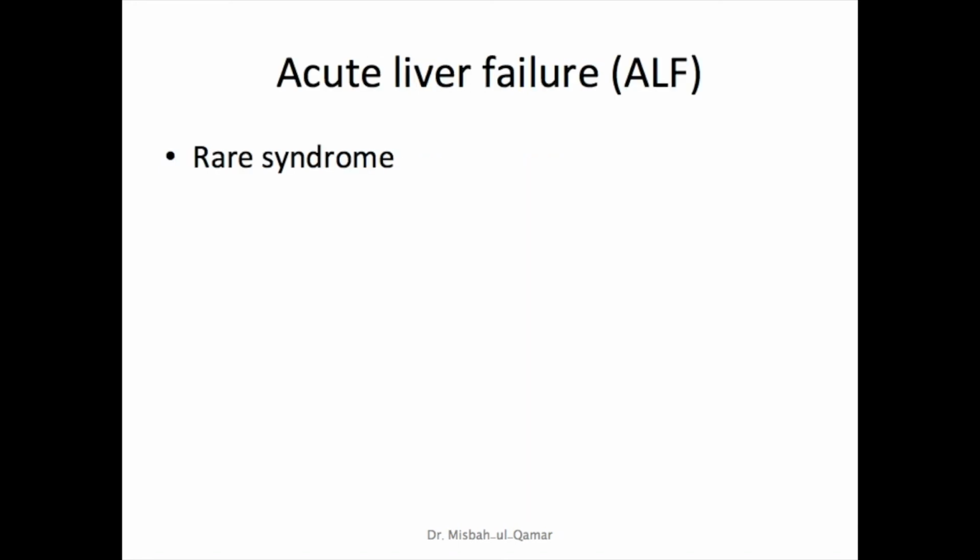Well, moving on to acute liver failure, which is a rare syndrome, and it is defined by a rapid decline in hepatic function. Acute liver failure might be caused by the toxicity of drugs, viral infection, or the vascular problems such as shock.